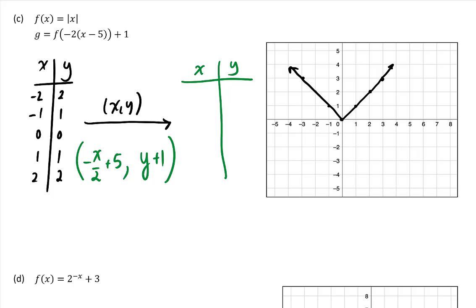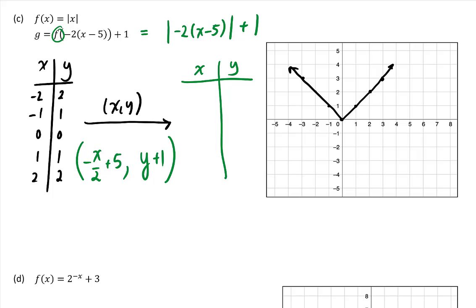So there is our formula to get our transformed points. This f here just means function. So what they're saying is that g of x is the same thing as the absolute value of negative 2x minus 5, plus 1. So notice the a value is 1 for this example.